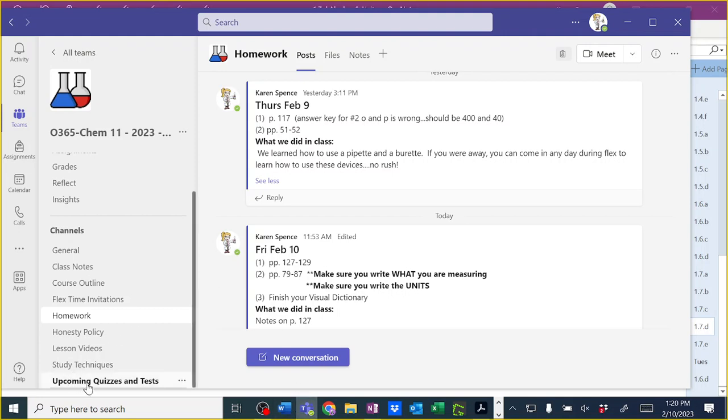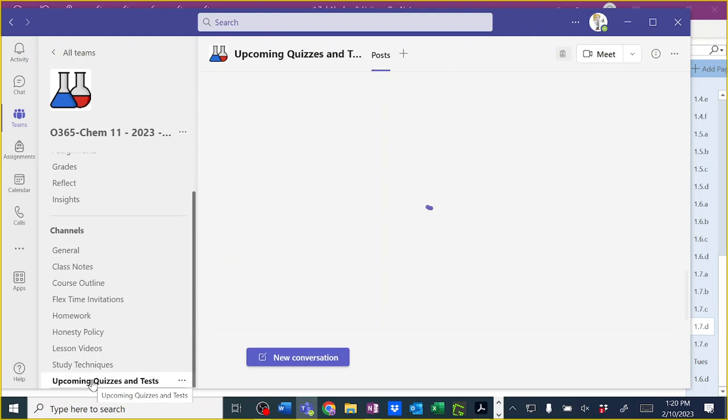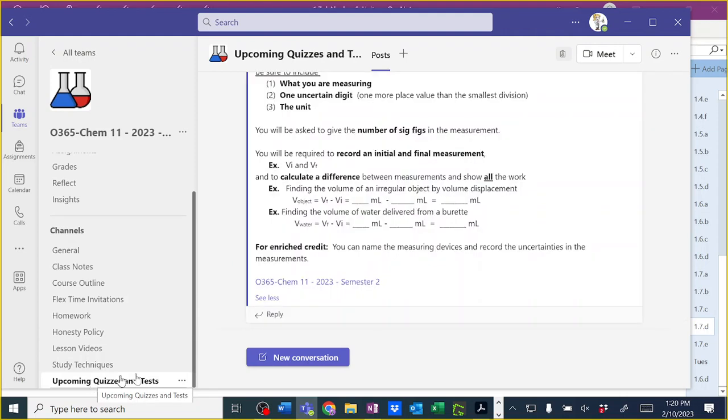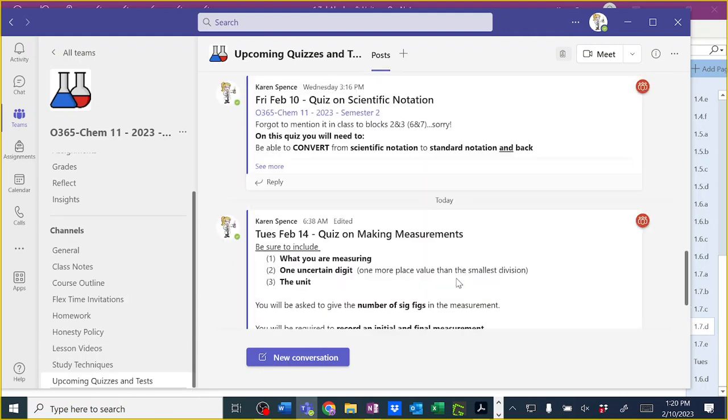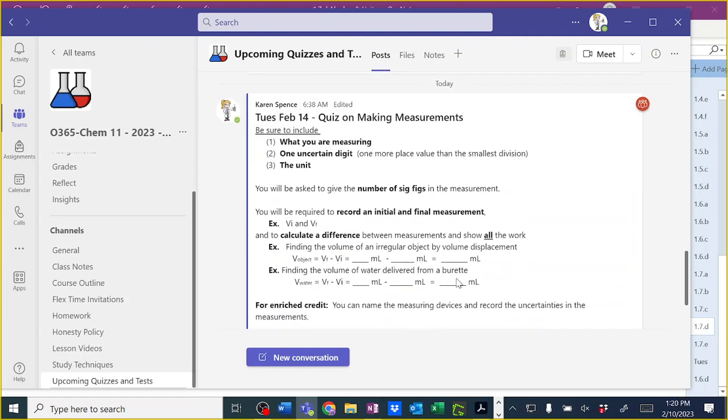So, upcoming quizzes and tests, click on that. And you can see it tells you everything about this quiz. There's a quiz on making measurements. It tells you be sure to include what you are measuring, one uncertain digit and the unit.